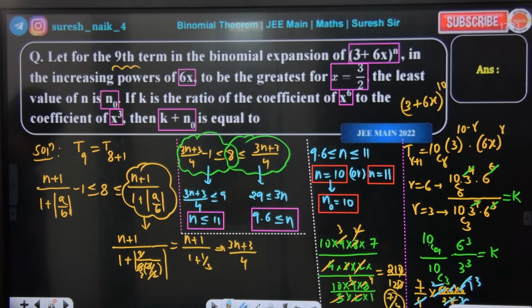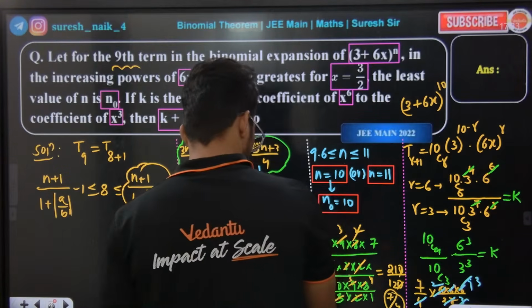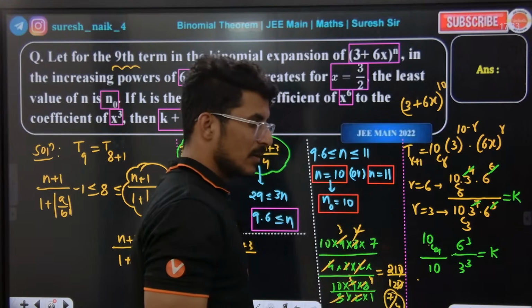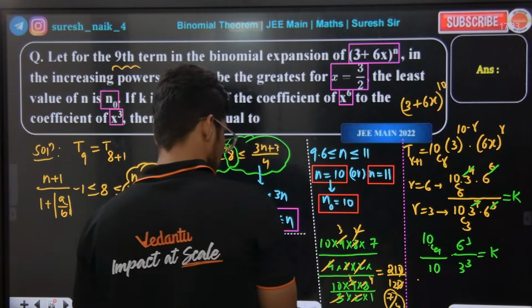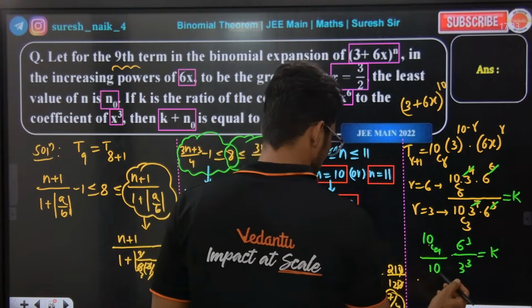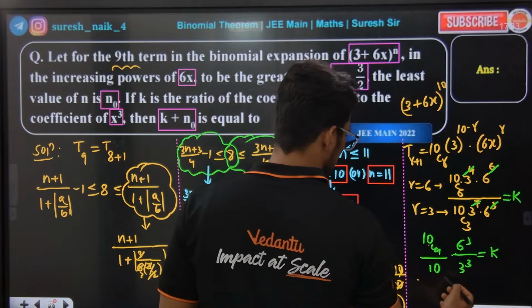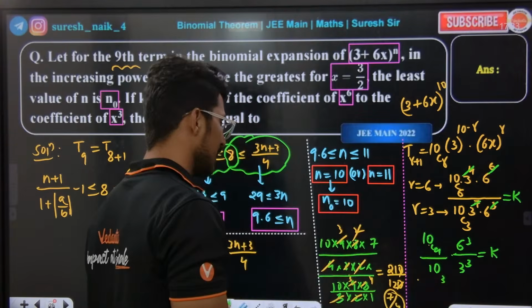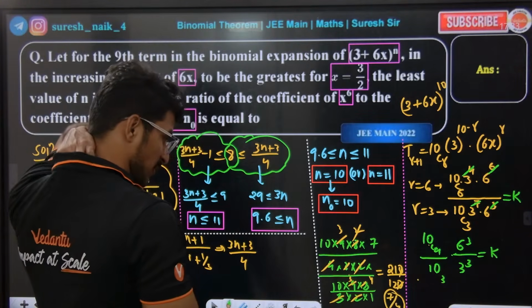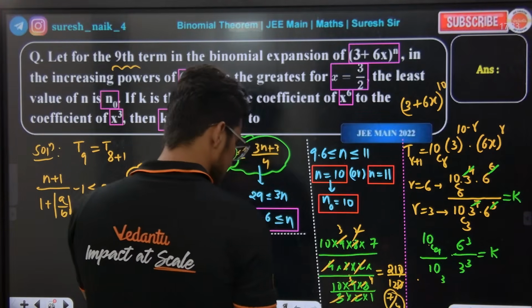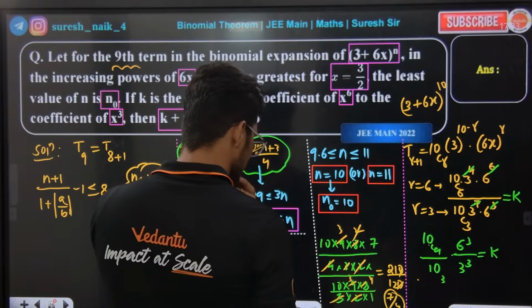10C6 by 10C3. I think I should do it properly. Wait. Yes, Sharesh. Hi, Sharesh. 10C6 means 10C4. 10C4 by 10C3. 10C4 means 10 into 9 into 8 into 7 by 4, 3, 2, 1, divided by 10, 9, 8 by 3, 2, 1. This is 216 by 27.